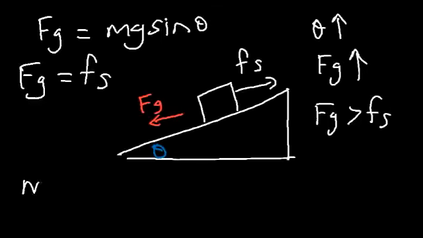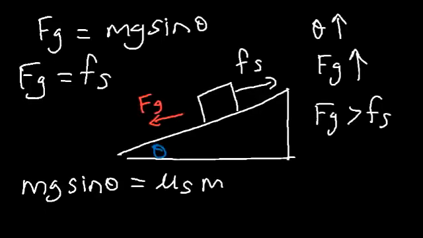So f of g is mg sine theta. F of s is mu s times the normal force, and the normal force on the incline is mg cosine theta. Notice that we can divide both sides by mg, so these two terms will cancel.